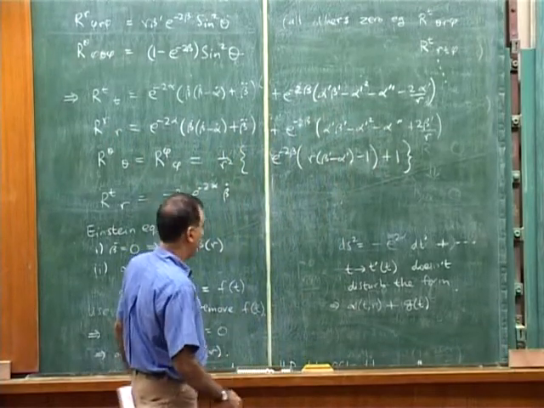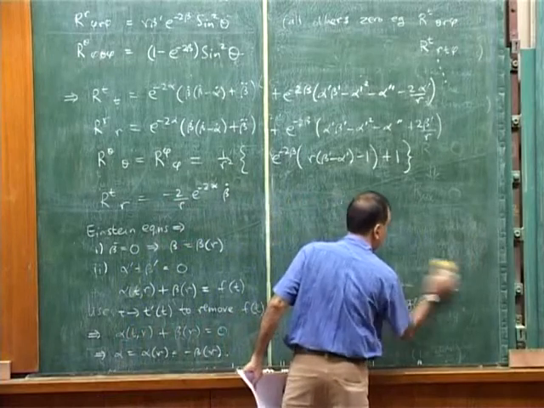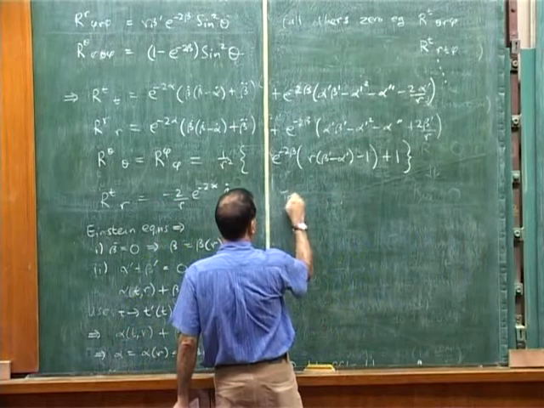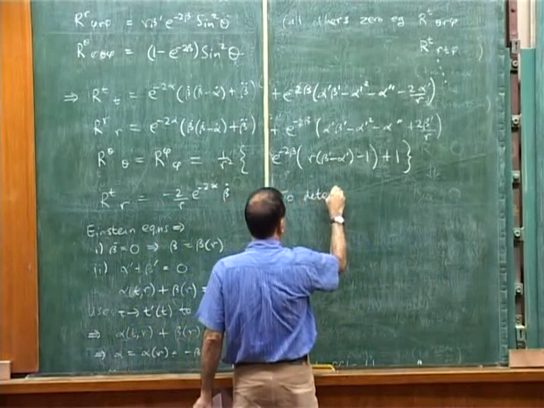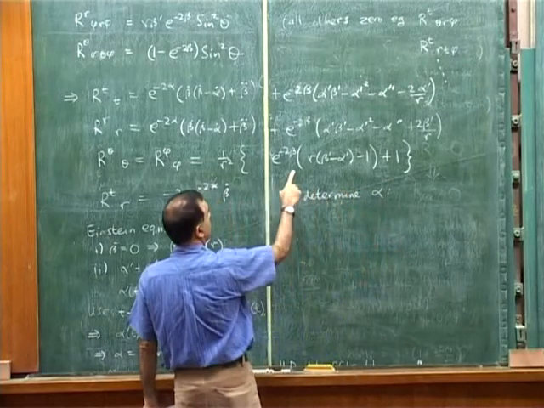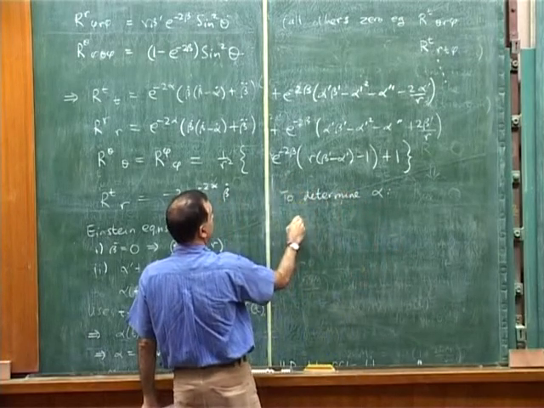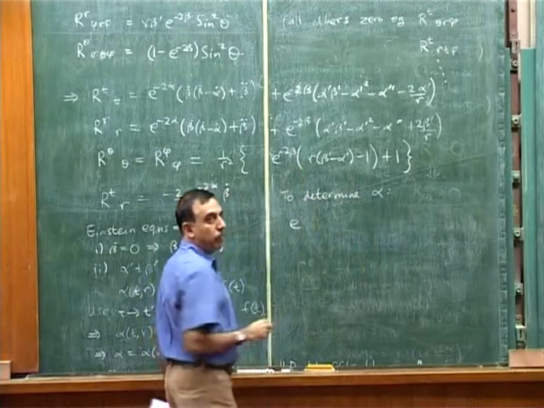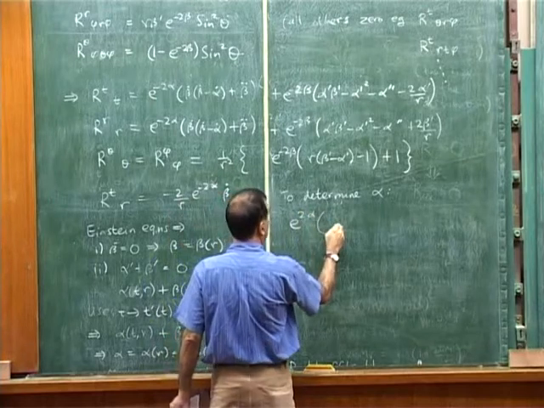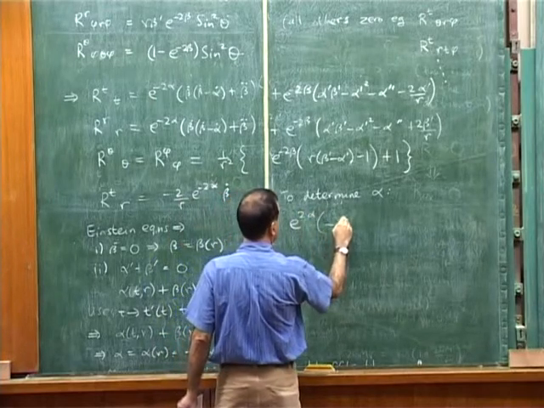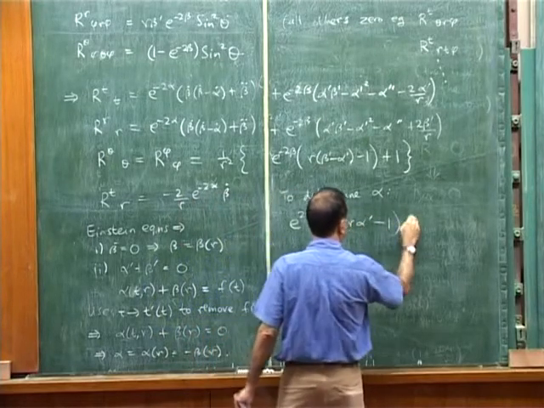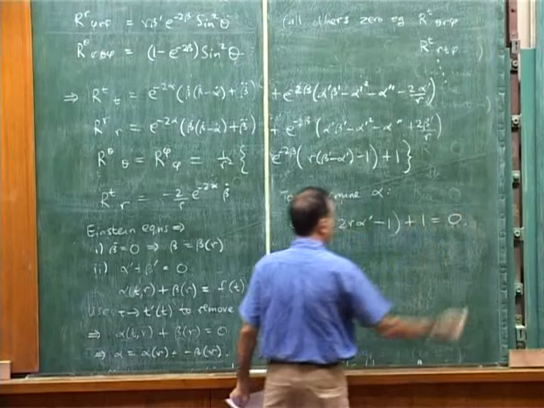So let's do it. To determine alpha, this equation says, I'm replacing beta by minus alpha from now on, e to the 2 alpha times (minus 2r alpha prime minus 1) plus 1 equals 0.